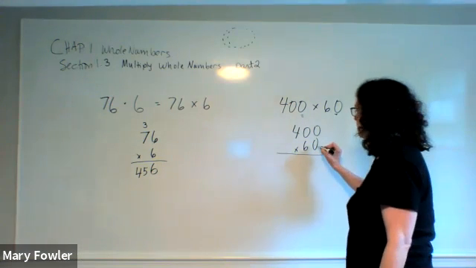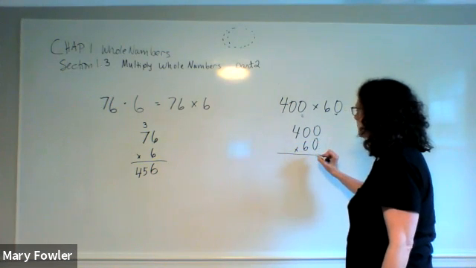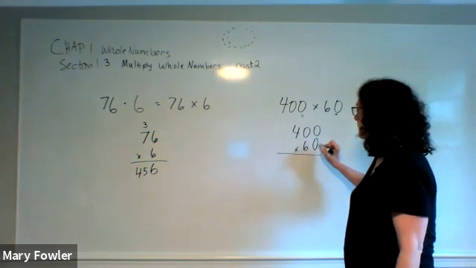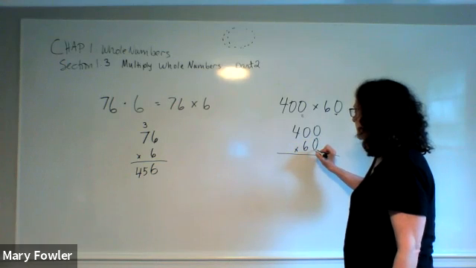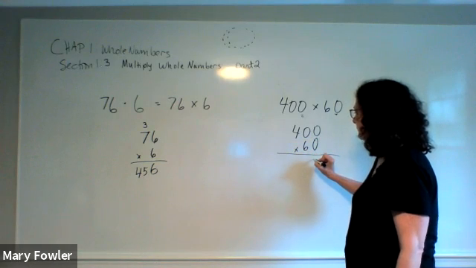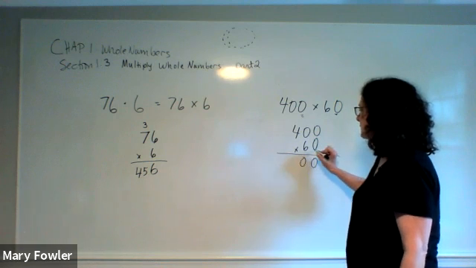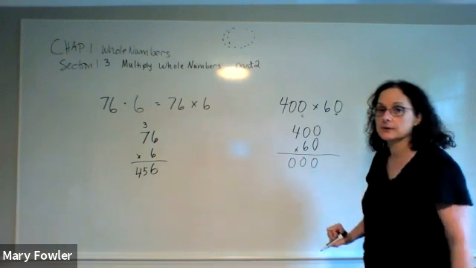All right, first we're going to multiply by the digit in the ones place, and the first thing we write is going to be right underneath. So 0 times 0 is 0, 0 times 0 is 0, 0 times 4 is 0.